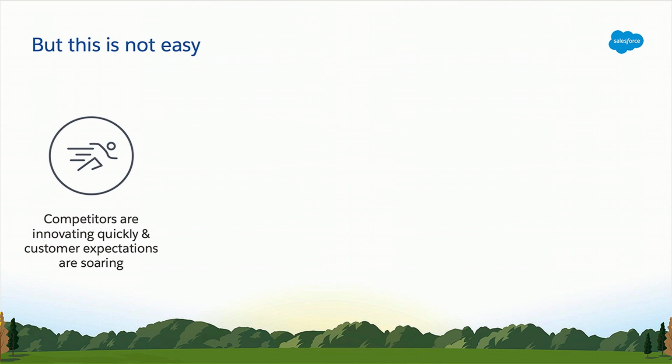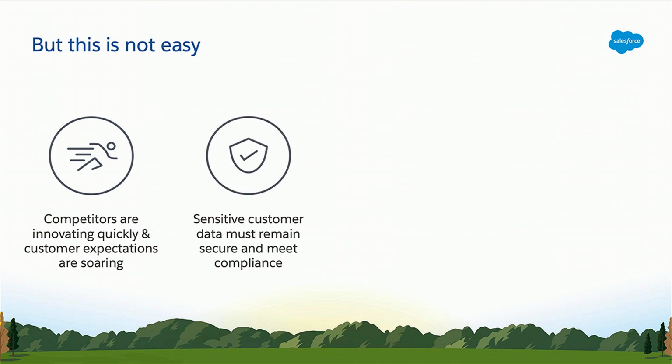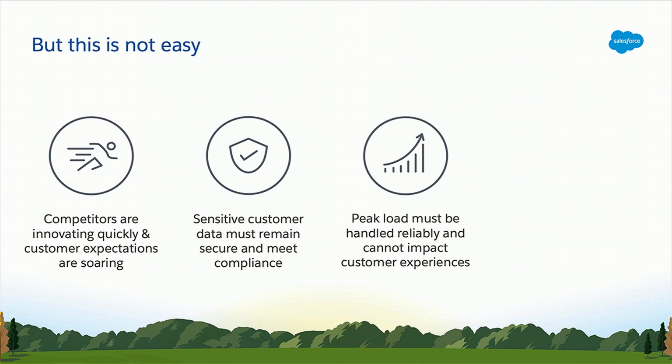As we see, competitors are more and more innovative, and there is more competition within your field as the companies grow. And essentially, you need to be fast. You need to be agile. You need to adapt to new technologies very quickly as they arrive. Secondly, data breaches are very common. So you need to make sure the customer data that you capture, you retain it in a secure way so that you build that trust model with your customer. Next, you should be ready for peak loads.